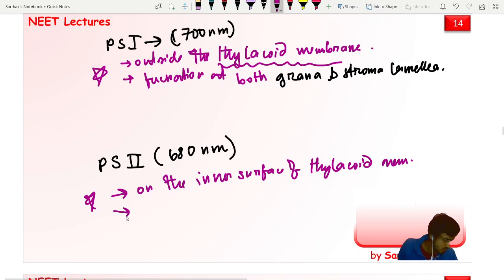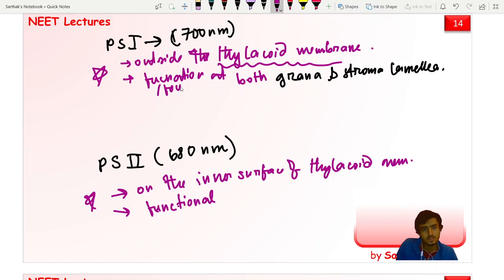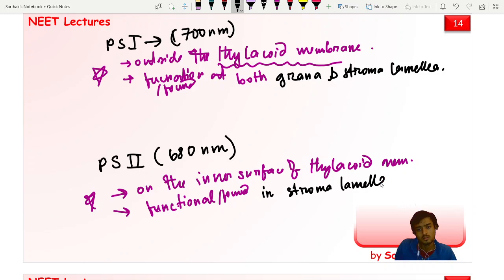and photosystem 2 is functional or found, same thing, in stroma lamellae only.